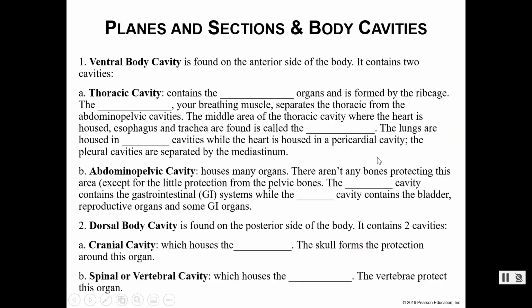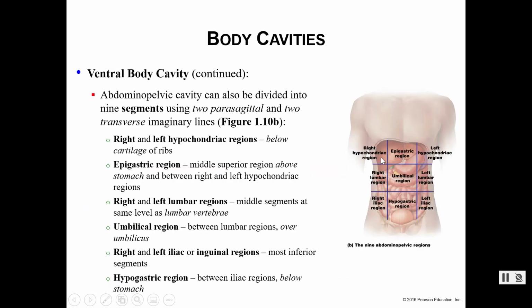Okay. In between your hypochondriac regions, you've got your epigastric region. Right on the midline, right underneath your diaphragm. Our next row, we have a right and a left lumbar region. These correlate to the lumbar vertebrae in your back.